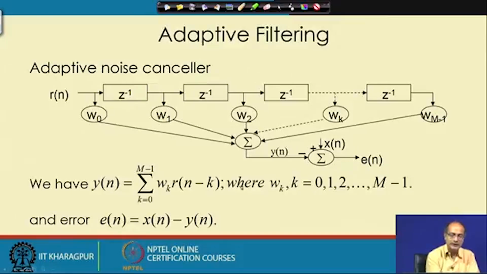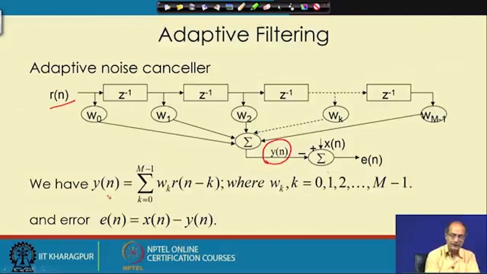The reference signal Rn is fed to a tap delay filter, and for different lags, the value of Rn we take and multiply with the tap weights, and we sum them up, which gives rise to our estimate of the noise, that is Yn. And as we subtract that from our observed signal Xn, we get the output En.